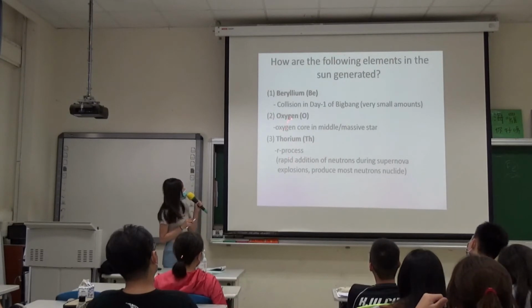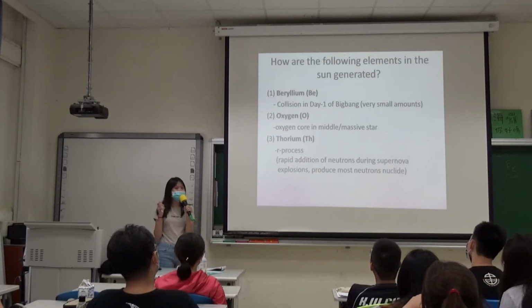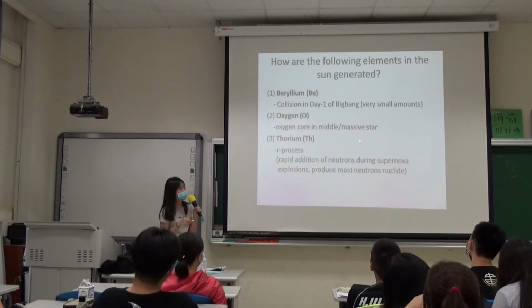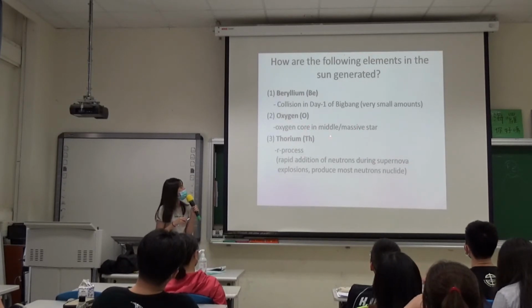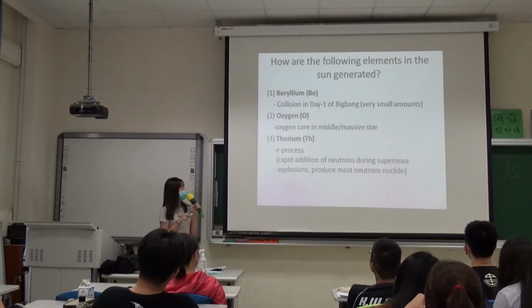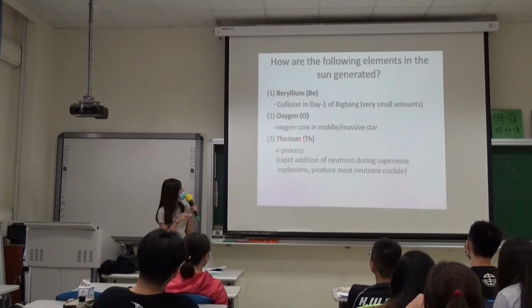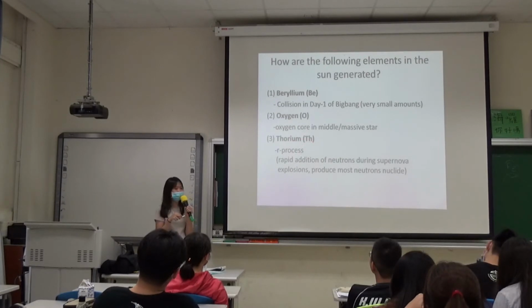Then oxygen. I think it is made by the oxygen-burning core in a middle or massive star. Not in the sun. The sun cannot make oxygen, but a middle or even more massive star will have an oxygen-burning core. The next one is thorium, which I think is from the r process.